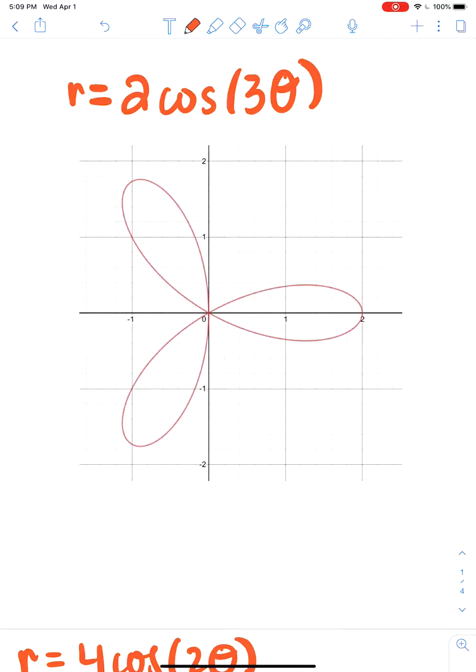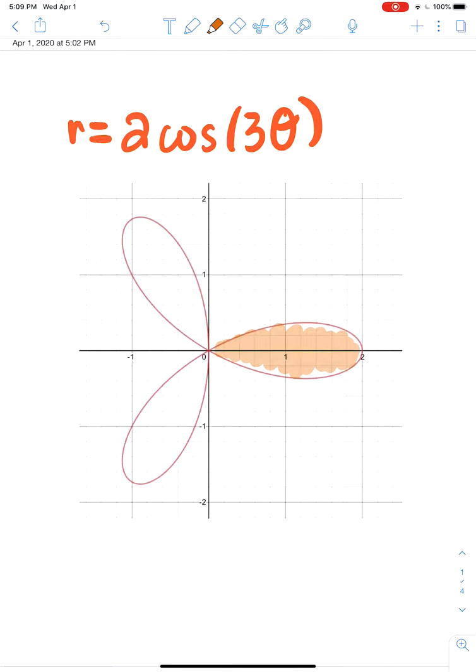So I am going to spend most of this video talking about how we figure out the theta or index values of our integral. Let's say that we wanted to find the area of one petal of this graph given by r equals 2 cosine 3 theta.